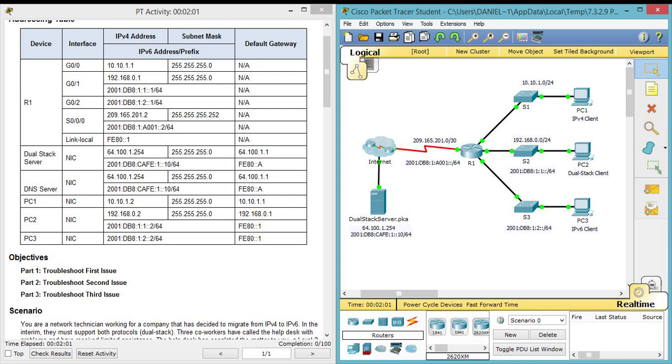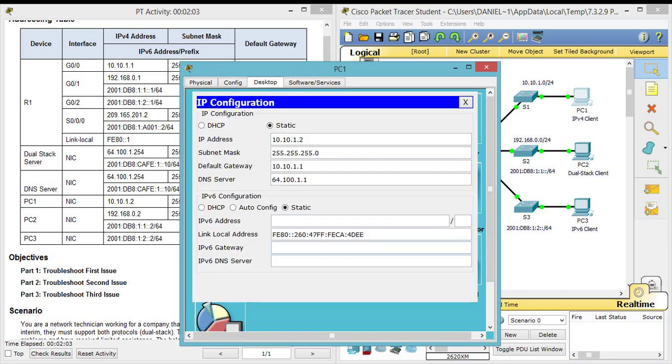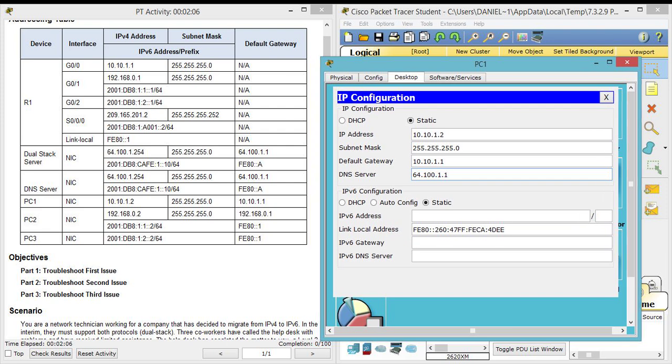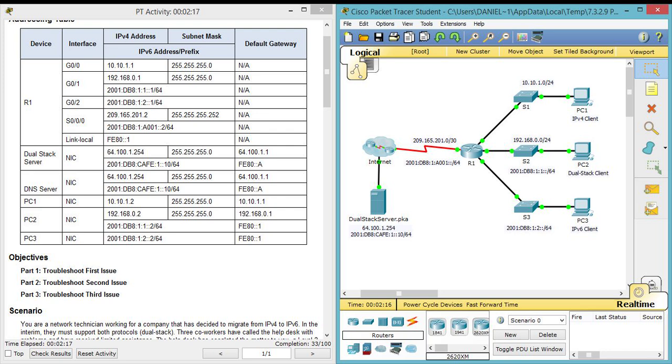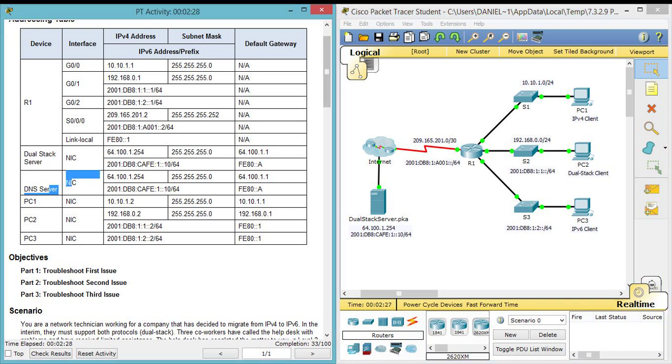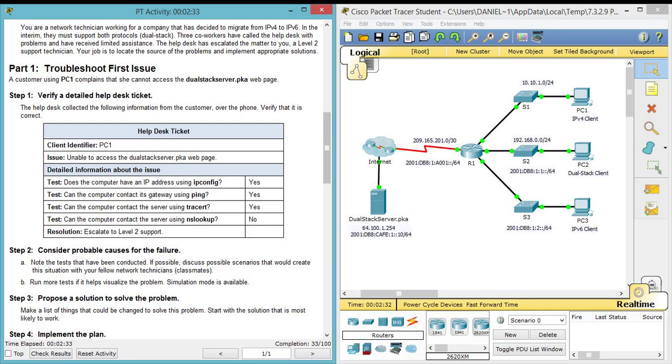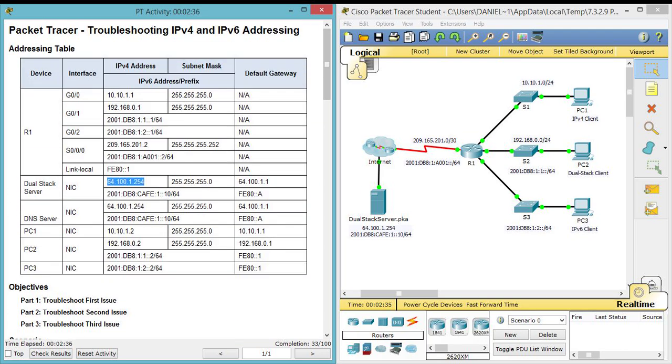So actually the problem here is that the DNS server here, I do not believe is properly configured. It is .254 instead of .1, and the reason why I could tell was because if it was using a correct one, it obviously would have found it, but since it was using a wrong one, it couldn't find the dual stack server, which by the way has the same IP address as the DNS server, and we already verified that it could ping and tracert this IP successfully, so that was the problem.